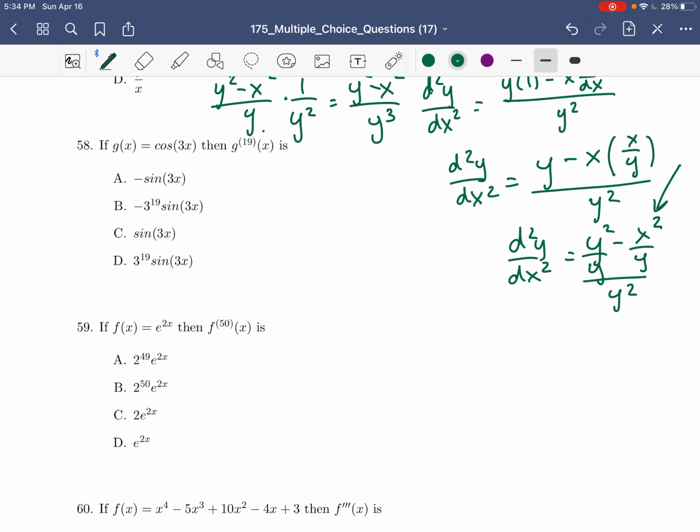Okay, 58, we're going to have to find a pattern because obviously we don't want to find the 19th derivative of something. So let's start. G of x we know is cosine of 3x. Then G prime would equal negative 3 sine of 3x.